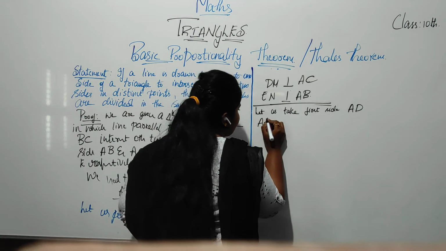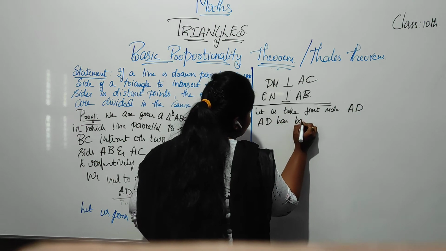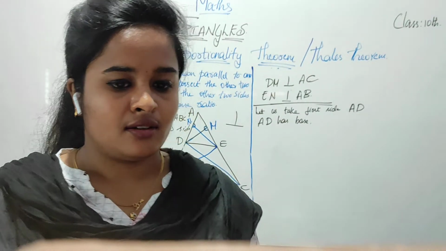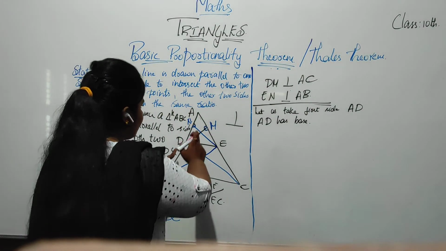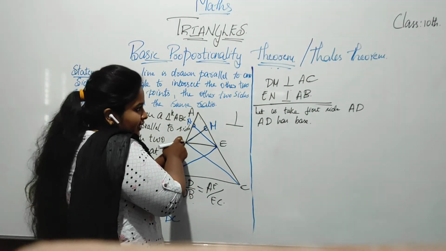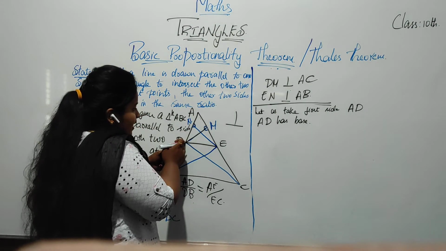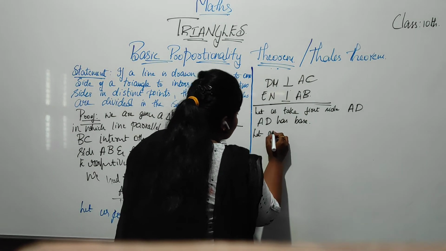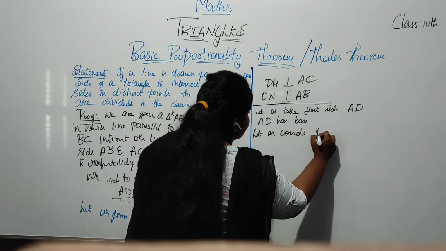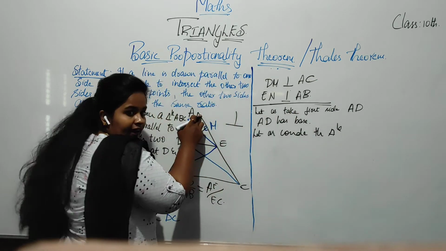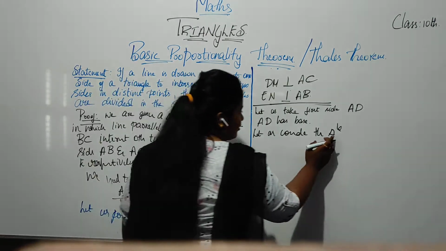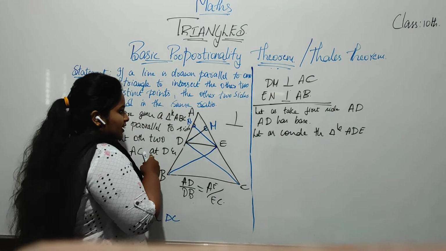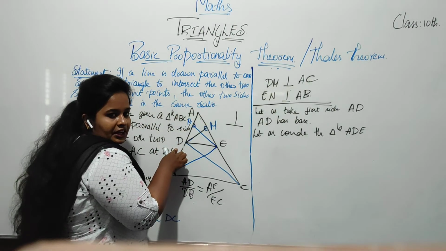Here AD as base. We are taking the side AD and considering it as the base. So let us consider the triangle ADE, because first we selected the side AD.